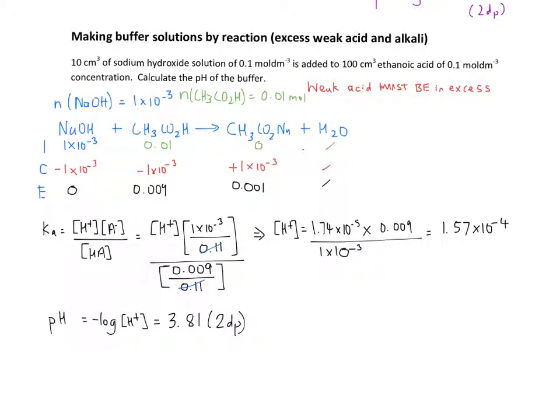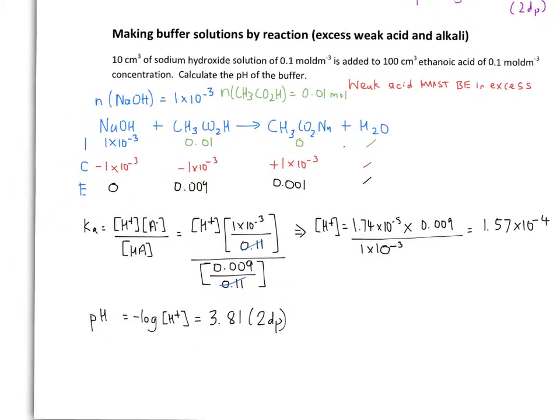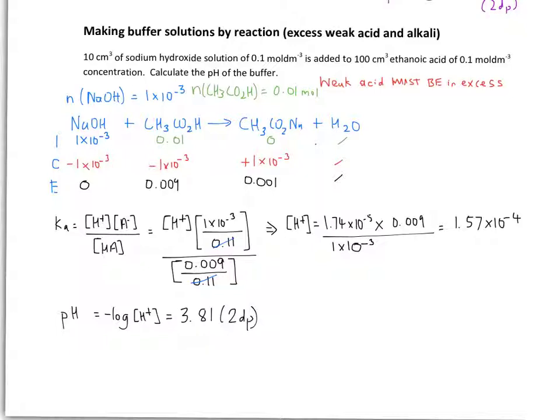Now, how do we work out the pH of a buffer that's going to be made? Well, what's really important is that the weak acid must be in excess. This means that at the end of the reaction we have some of the sodium ethanoate salt being formed, and some of the ethanoic acid is also left over. So let's go through this calculation.